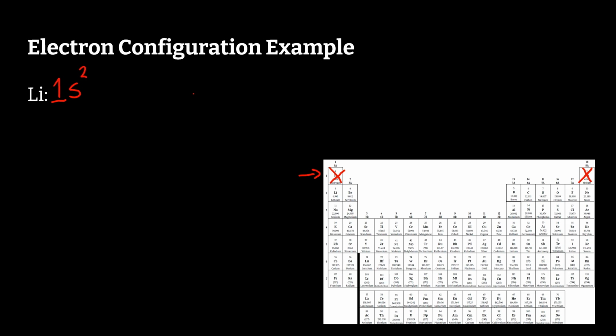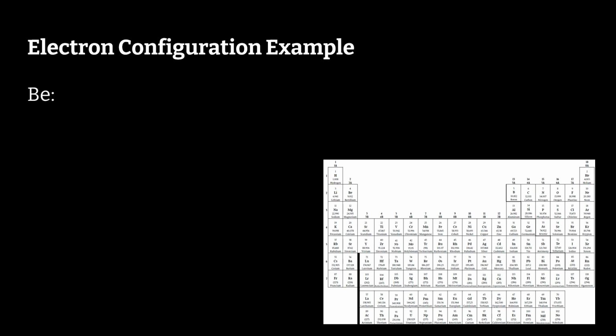Now, once we reach the end of the periodic table to the far right, we then drop down an energy level. So now we're in energy level 2. We enter into the s block, and it takes 1 electron to get to lithium. So we end up with 1s2 2s1.